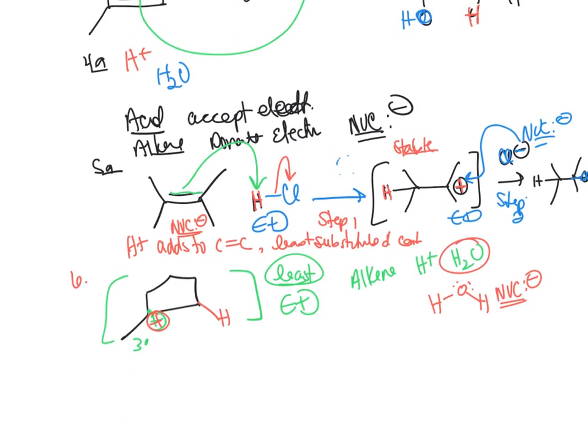Okay, so the next step here is water. We do this reaction in water, and its electrons will go to the carbocation, and you will form, put the hydrogen in here.